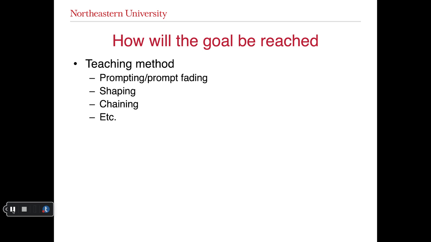Thinking about what is required for each. So, for instance, if you have a behavior that already occurs under different stimulus control, prompting and prompt fading may be a good option to transfer stimulus control from the prompt to the desired SD. If not, you may shape the response from an already existing response.